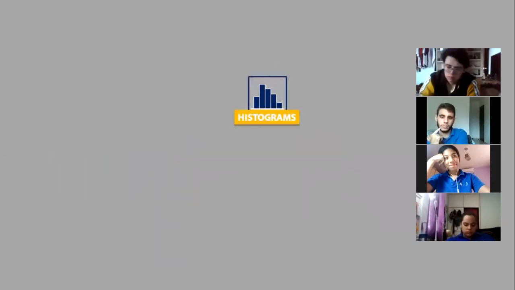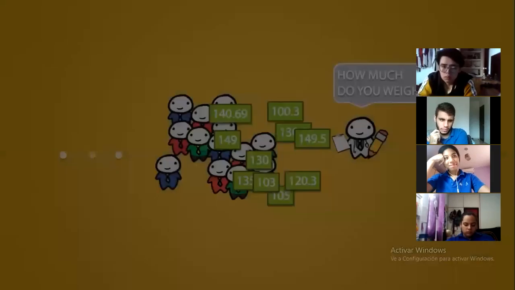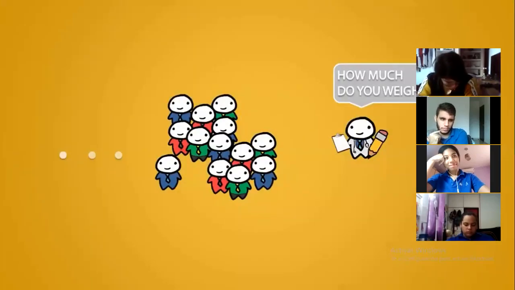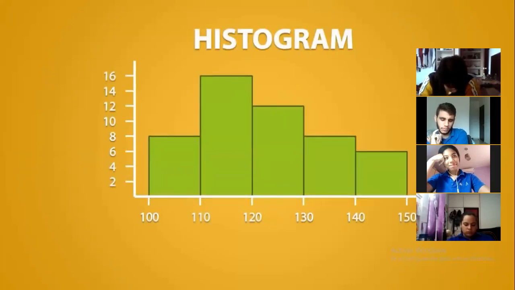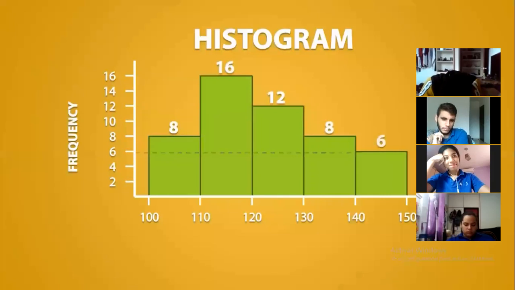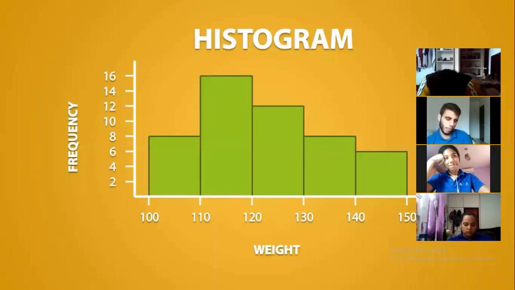We'll talk about histograms first. After collecting data from a population or sample, we can use a histogram to help us display the distribution of the data we collected. The frequency, or count, is displayed on one axis, and each count tells us how many data values fall within a predetermined interval on the other axis. This axis corresponds to the variable we have just measured. To read a histogram, you first pick one of the intervals and determine its height.